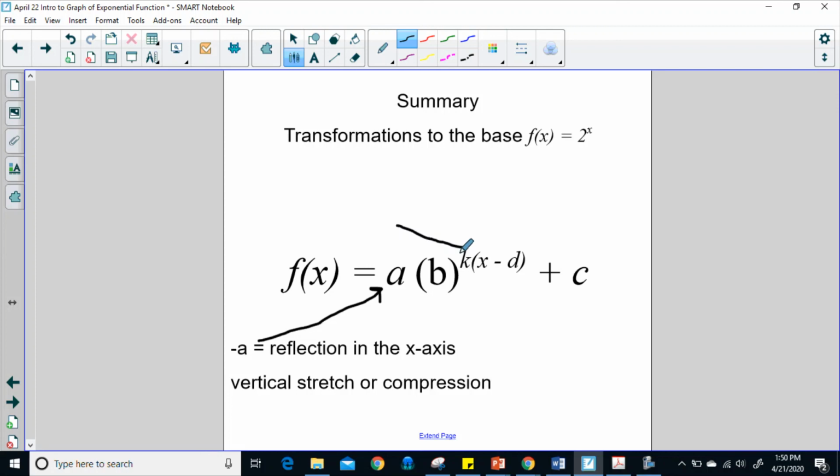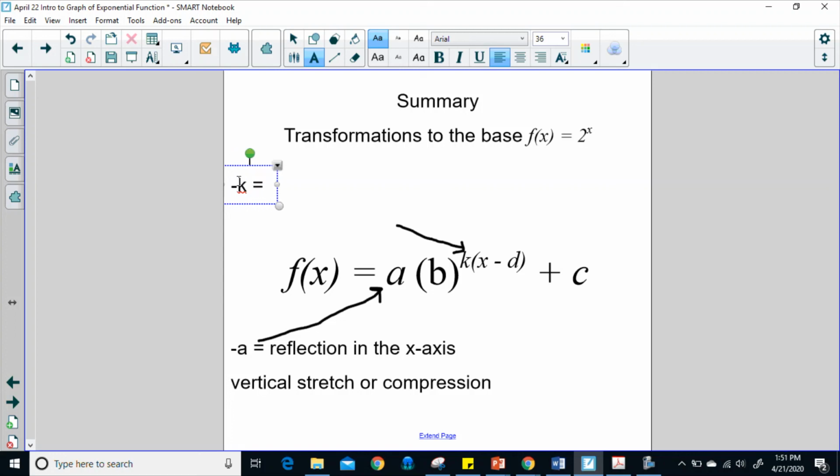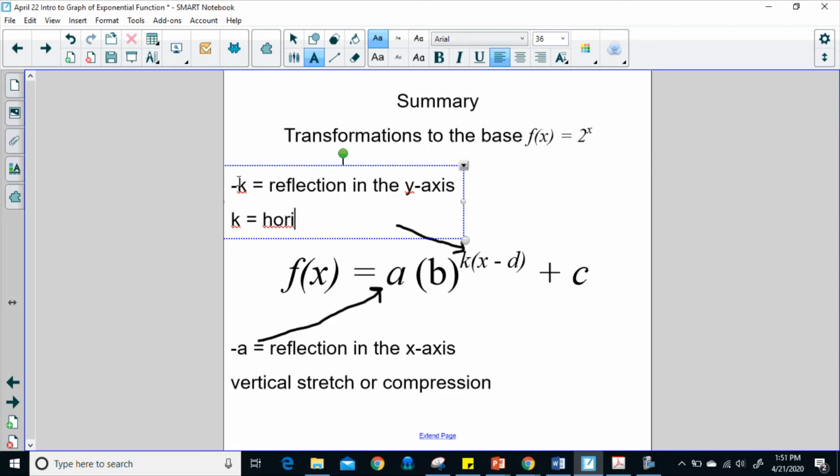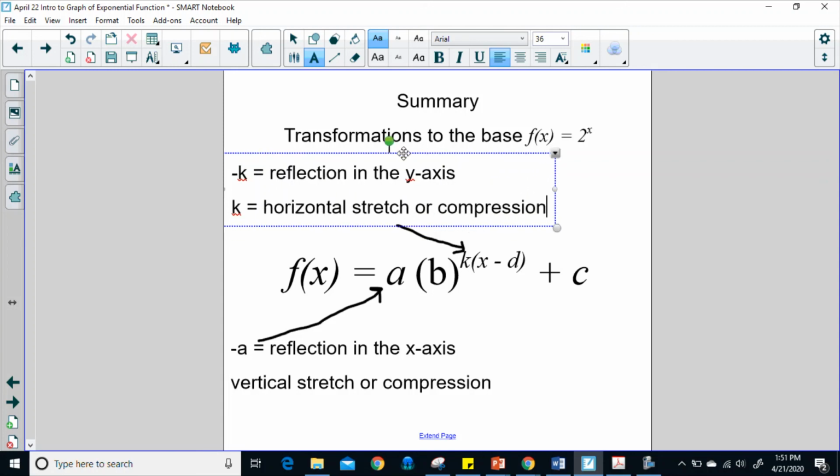Our k value here, if it's negative, is a reflection in the y-axis, and k is equal to our horizontal stretch or compression. So that's our k value.